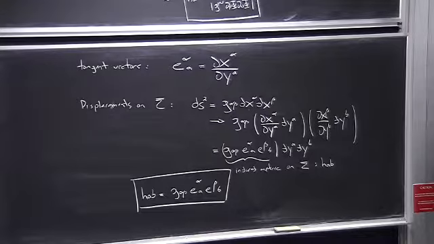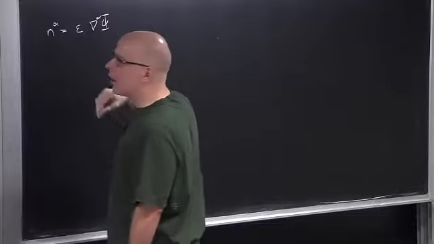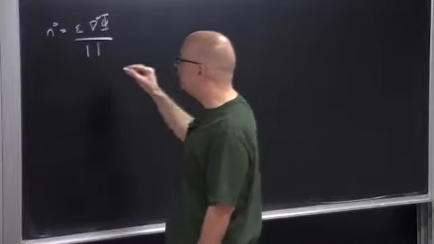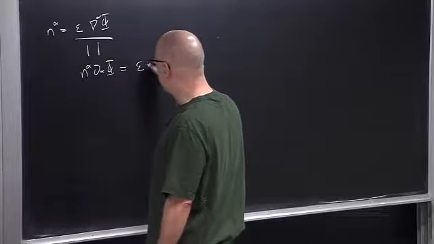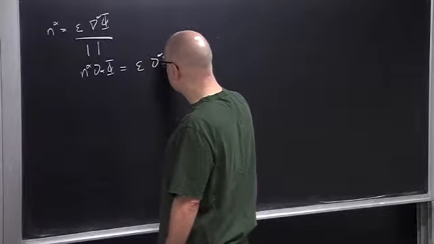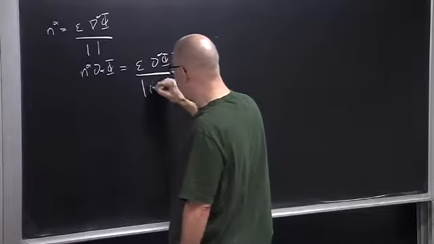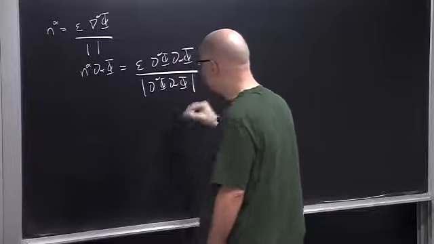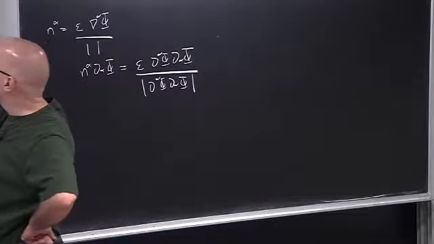So the claim is that we have n_alpha equal to epsilon grad phi divided by the normalization condition, and then I'm claiming that n_alpha grad_alpha is going to be epsilon times that divided by the same thing inside the absolute value. So let's do this case first.